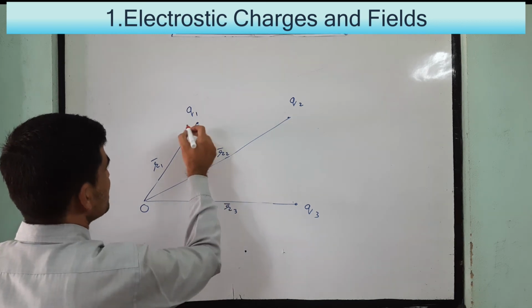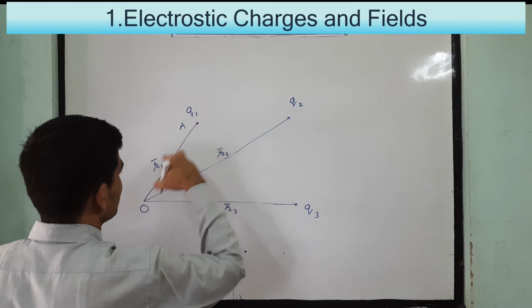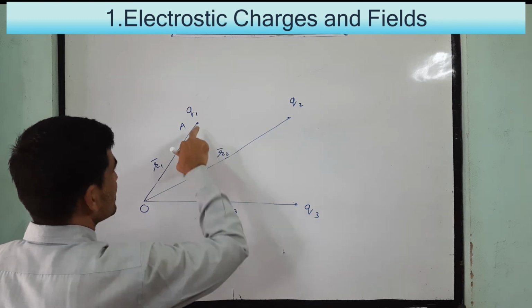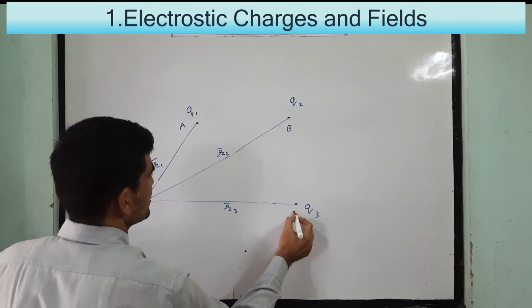So we have three point charges with position vectors r1, r2 and r3. Suppose here is a point A, here is a point B, here is a point C.